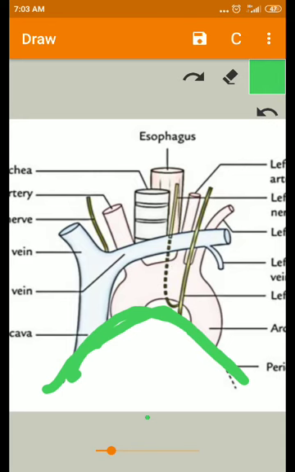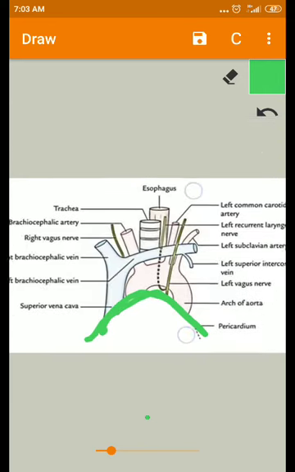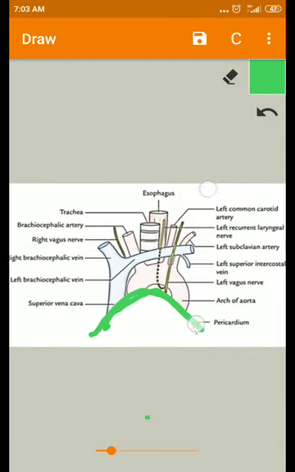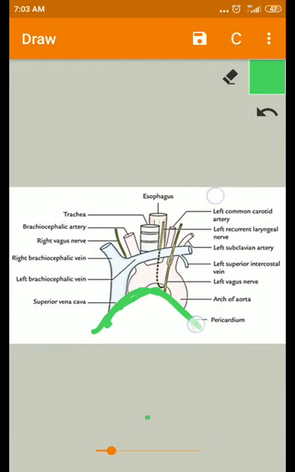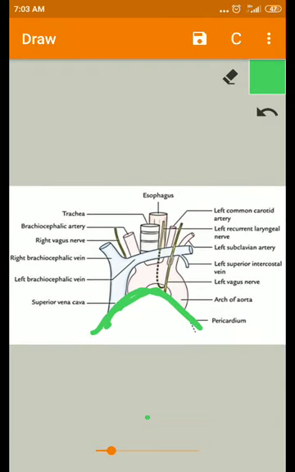Next important large structure is the superior vena cava. The upper half of the superior vena cava is related to the superior mediastinum, and its main tributaries are the right brachiocephalic vein and the left brachiocephalic vein.